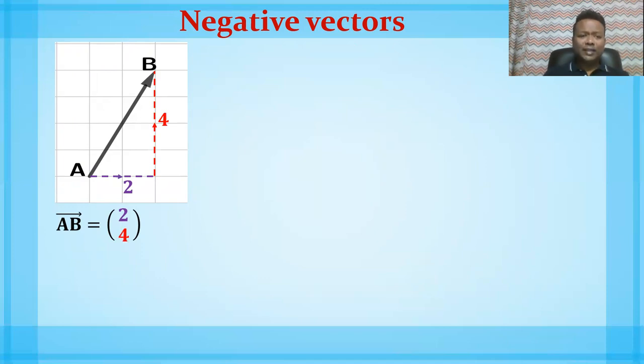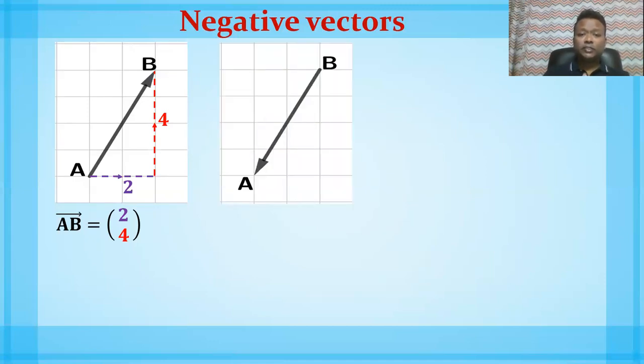Now suppose this directed line segment is reversed such that B becomes the starting point and A becomes the end point. If we express BA in column form by first considering the horizontal movement from the starting point B, here it is 2 units to the left.